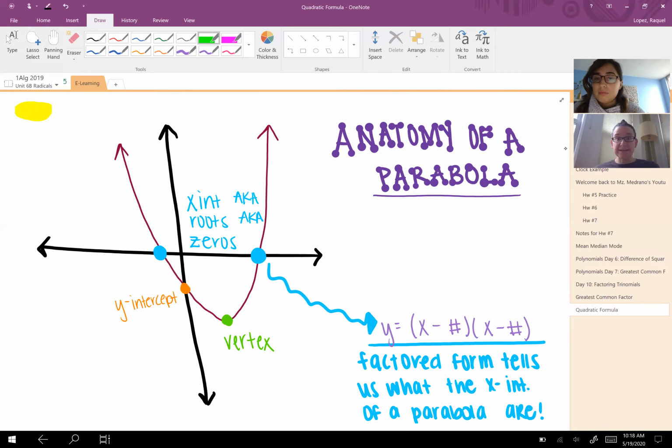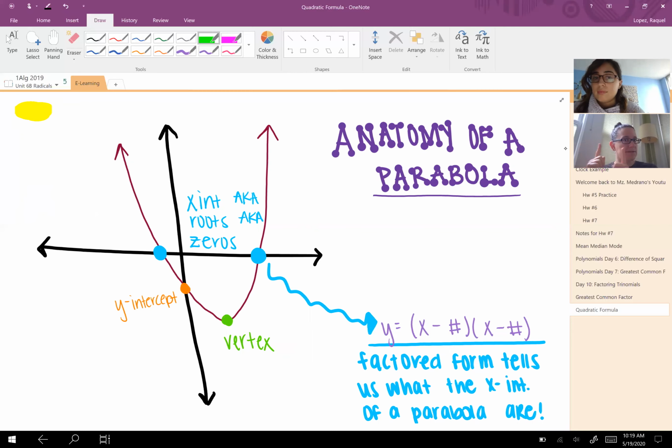The vertex, that turning point, is in green. It's where the smile turns around and the 2 ends go in the same direction because we've changed direction. The orange point is our y-intercept, where we cross the y-axis. The 2 blue points are where we cross the x-axis.